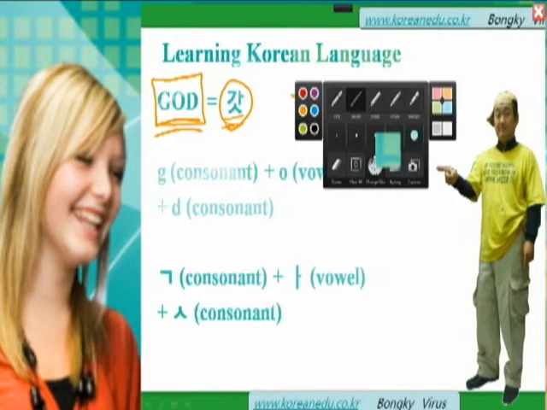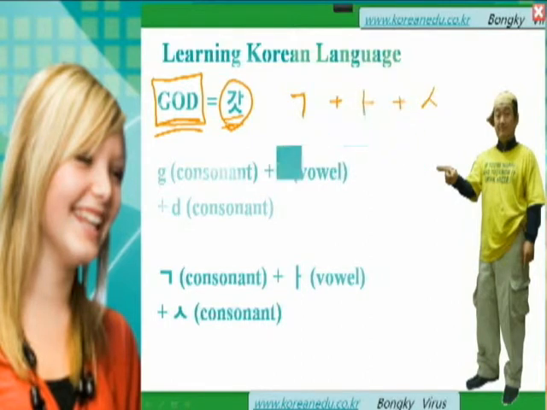Let me make this a little thicker. Okay. Let's see the English word God first. The consonant G plus vowel O plus consonant D. The three alphabets compound together and make the meaning God and the sound God.